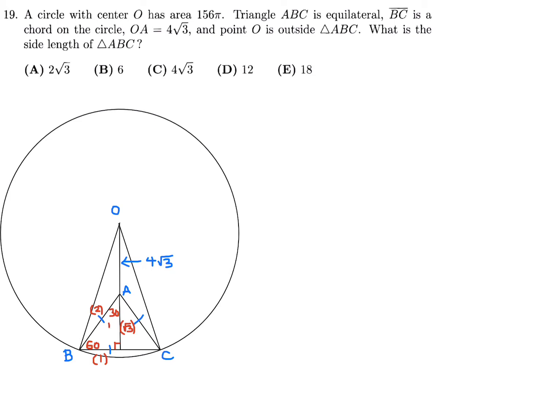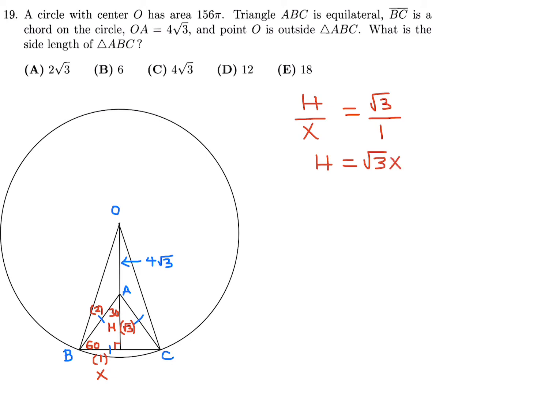So if this represents the height, and I can call this x, I can get a relationship between the height and x pretty quickly. X representing half the base. So h over x is going to be √3/1, and therefore h is equal to √3x.